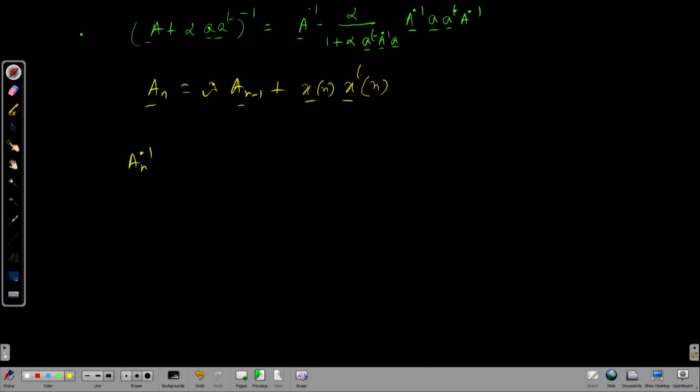All right. So, A n inverse then will be, if I take lambda common out, plus lambda inverse. Lambda is not 0, it is between 0 and 1. So, lambda inverse is no problem. So, this is like your A, this one, alpha is lambda inverse, A is x n, okay, and you have to invert.